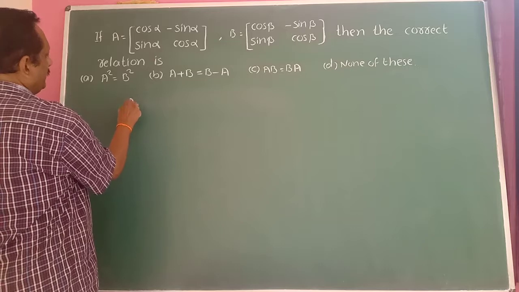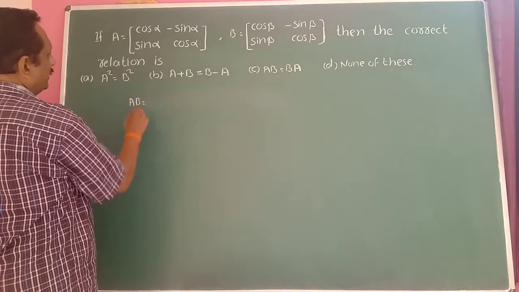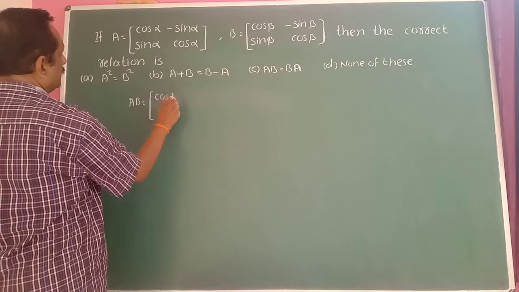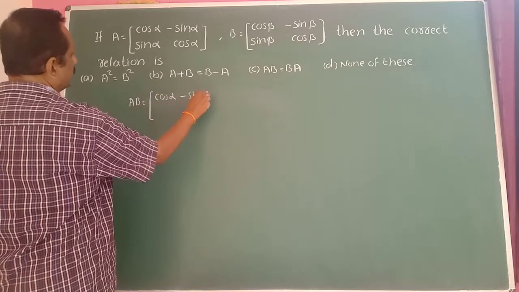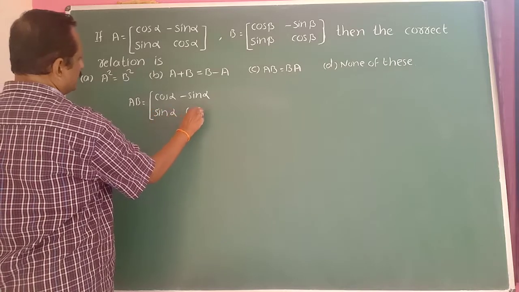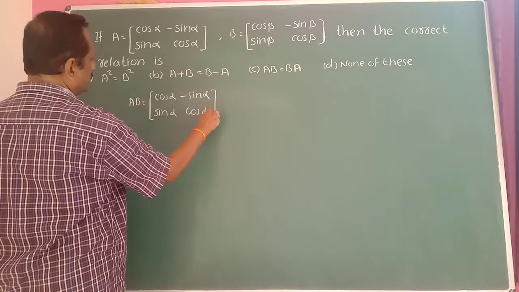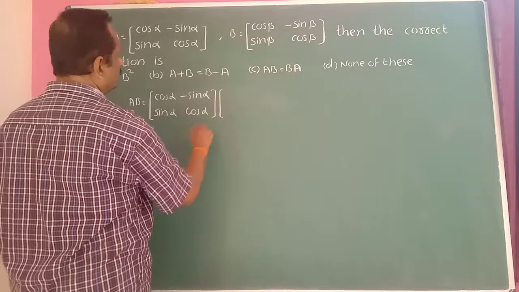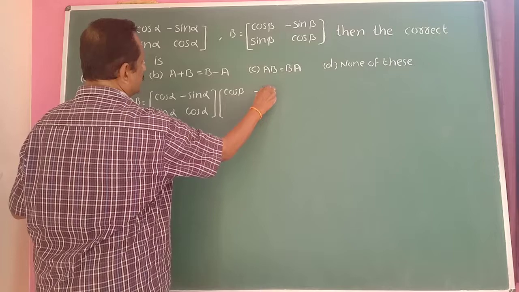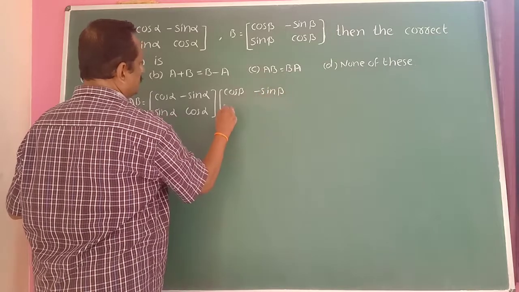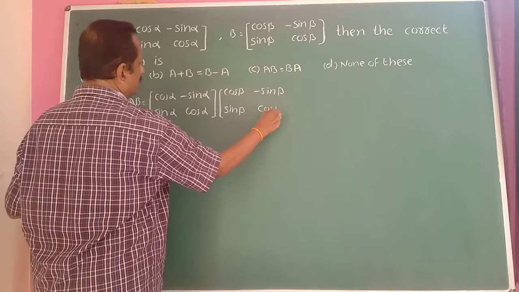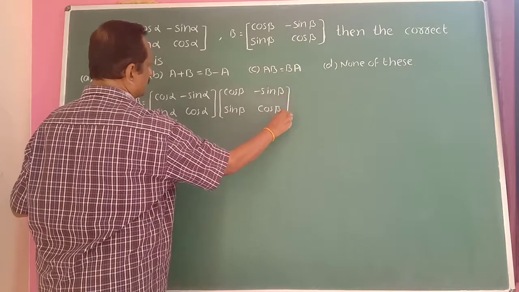A into B is equal to cos of alpha, minus sin alpha, sin alpha, cos of alpha, into cos beta, minus sin beta, sin beta and cos beta.